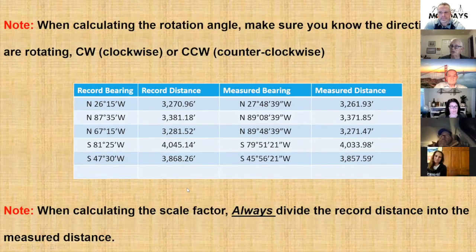Common sense check, okay? The distances should be smaller. Here are the distances converted to feet. Here are the distances we calculated. They're shorter. So that's another common sense check. And that's what I call them.